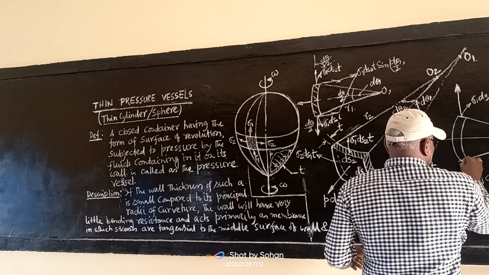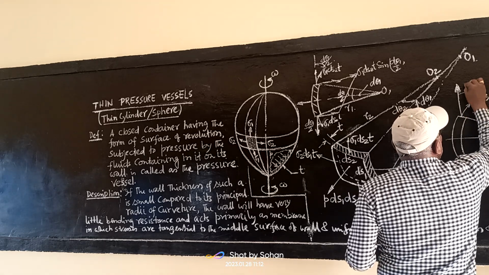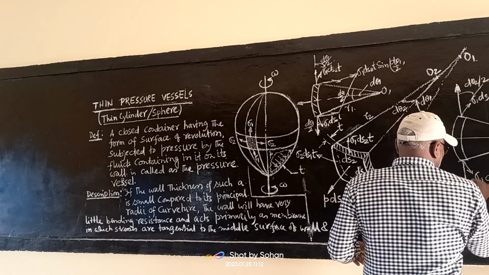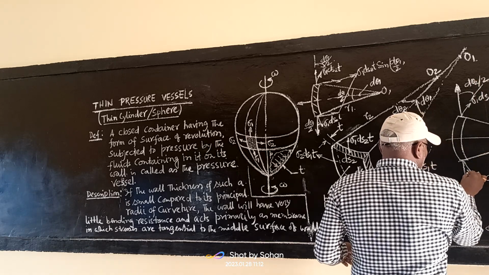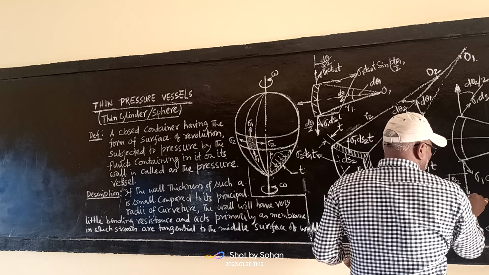For the first component, this angle will become d theta 2 by 2, and this will also become d theta 2 by 2. This is the cos component.